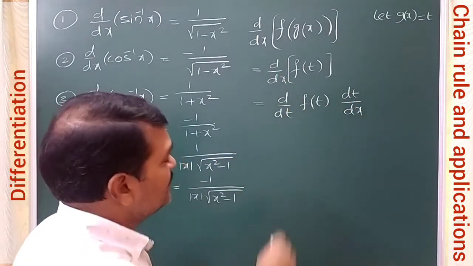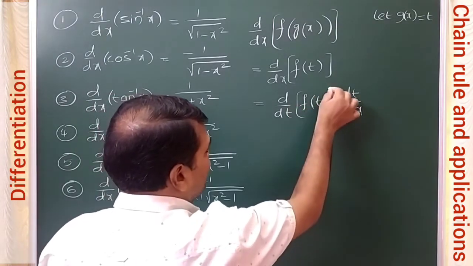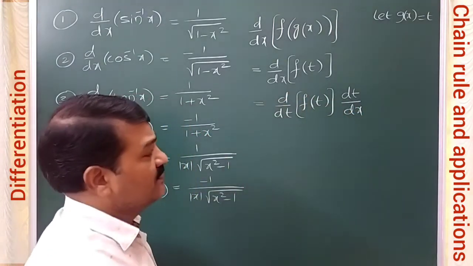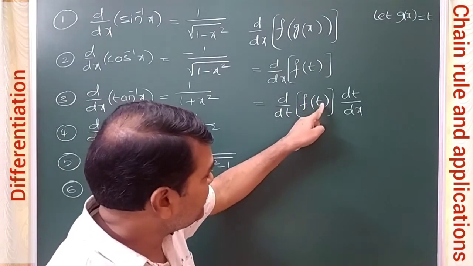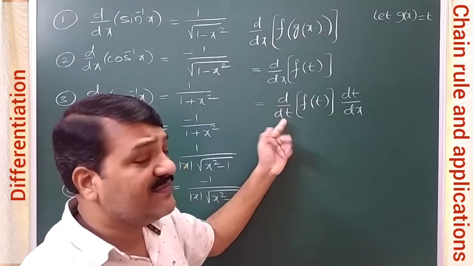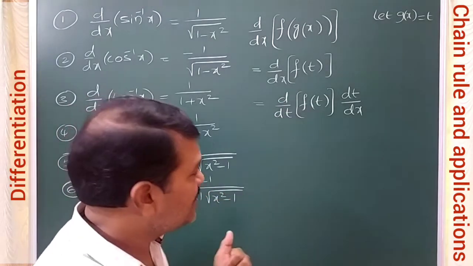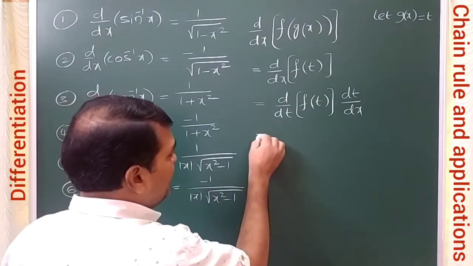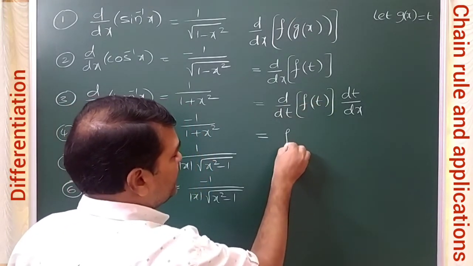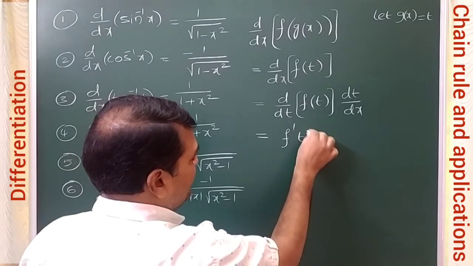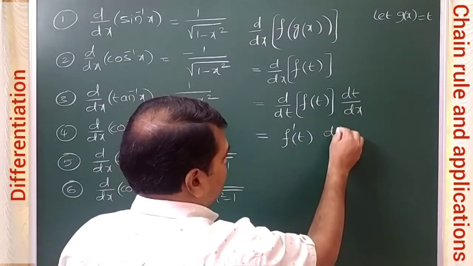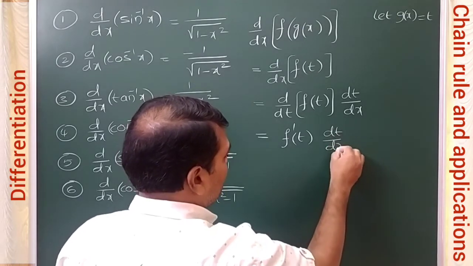Now you can differentiate f of t with respect to t, because the variable is t. The derivative of f of t with respect to t is simply f dash of t, into dt by dx.